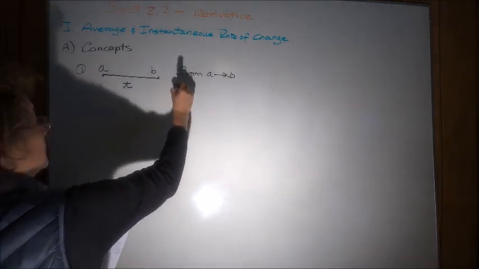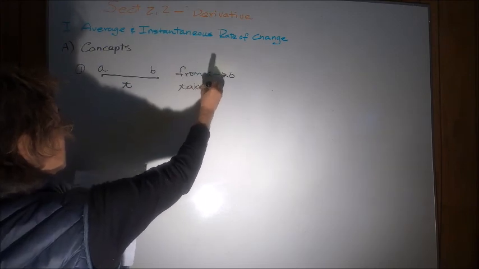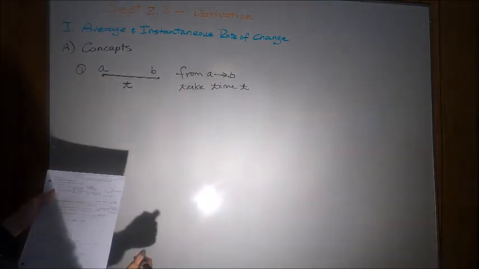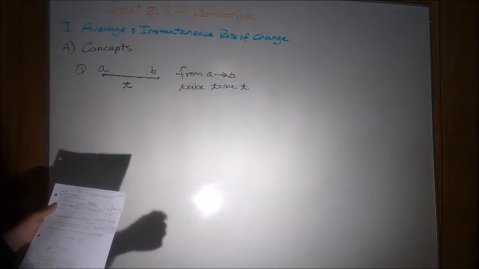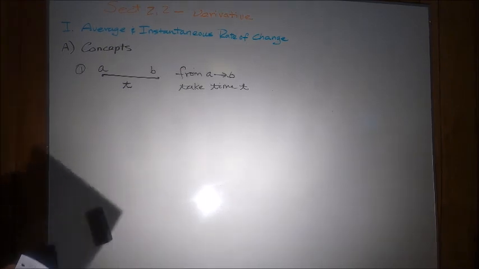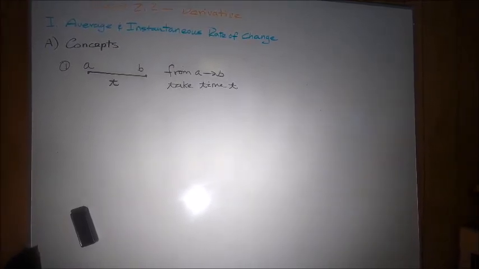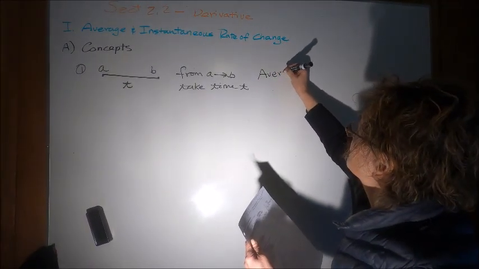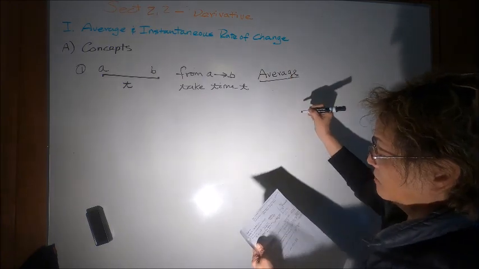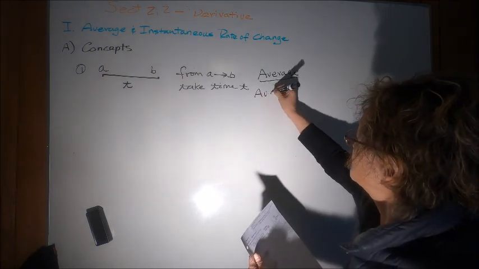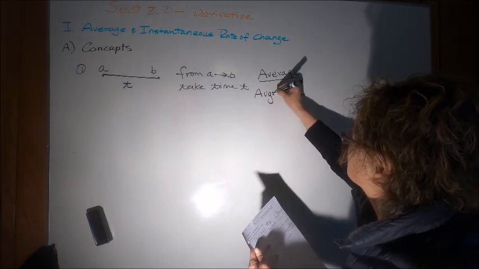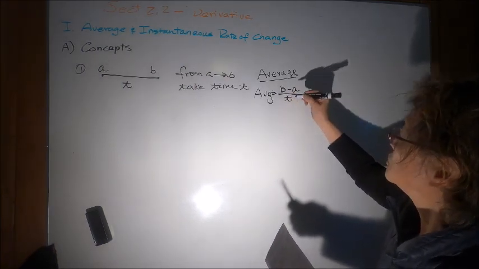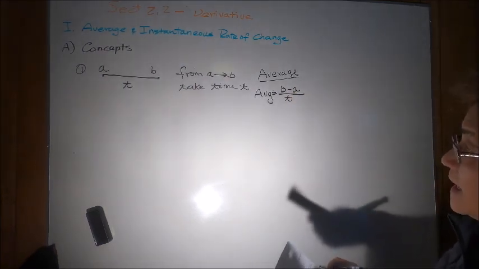So if it takes time T, then your average would be, you find your distance, the difference, divided by your time. That would be your average.